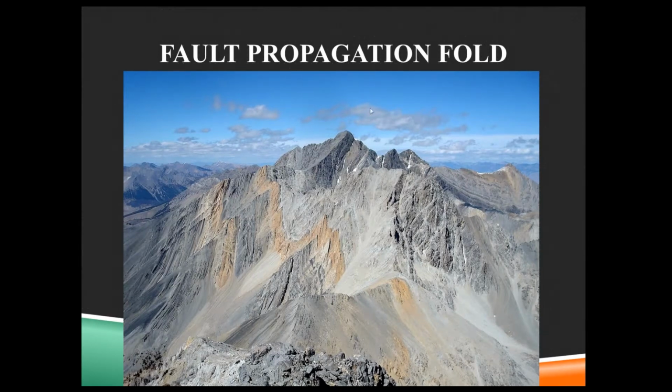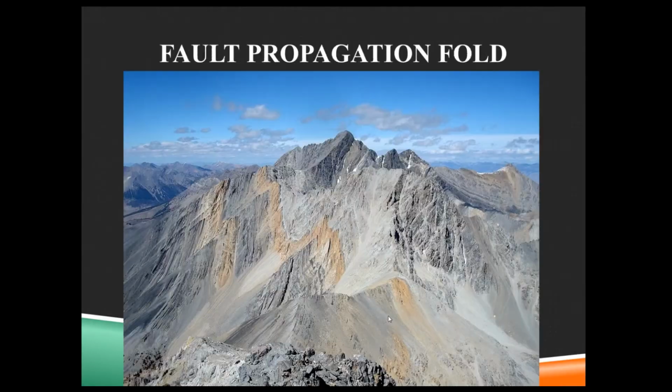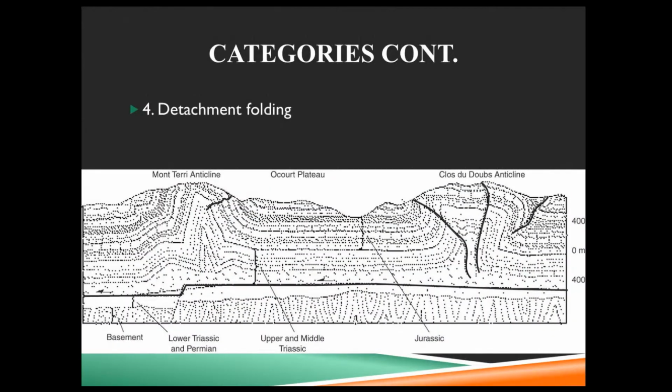This is an example of that fault propagation fold. The compression was basically from the bottom right to the upper left direction, and you can see this very zigzaggy appearance from all of these fault propagation folds. This image is from the publisher, and this image is in your textbook.